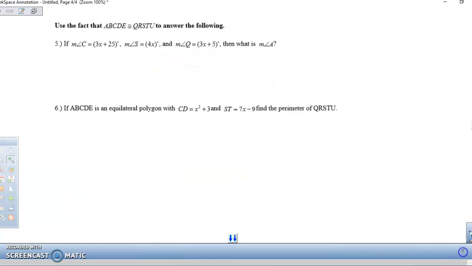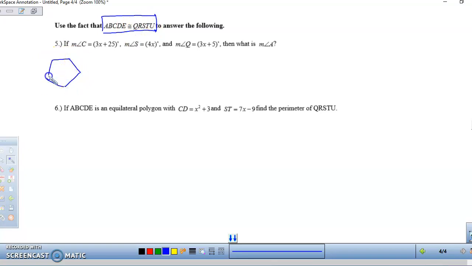Okay, last 2 examples. So these are algebra. What's really important here is that you read your given information. If you have a statement, a congruency statement, that is super, super helpful. So I have A, B, C, D, E is congruent to Q, R, S, T, U. Those are 2 pentagons. So generally what you want to do is definitely draw those and label them.